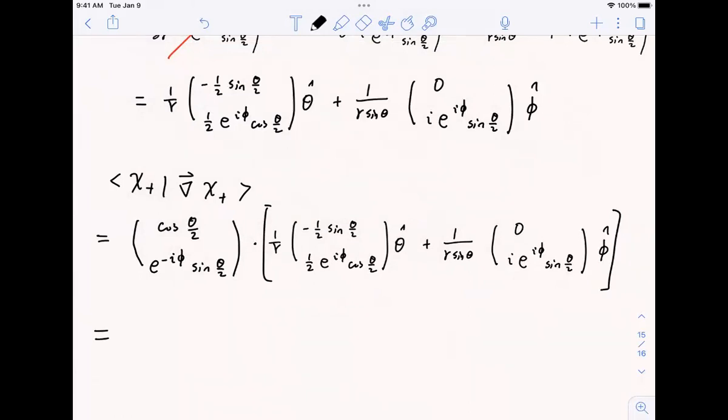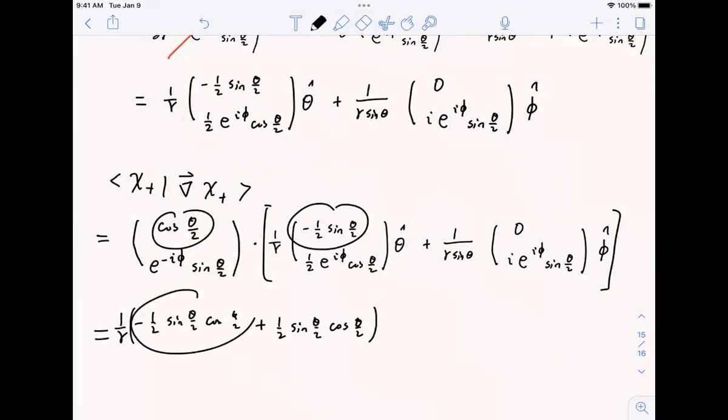Probably we can just calculate it then. 1/2 sine theta over 2 cosine theta 2. Okay, and then plus this one. When this one we cancel, so you get 1/2 sine theta 2 cosine theta 2 and 1 over r.